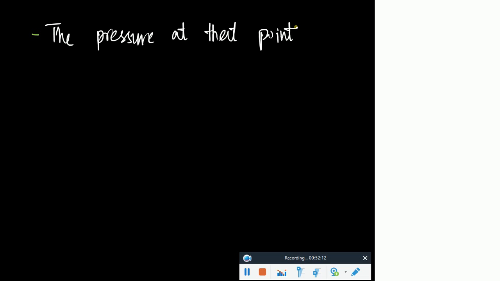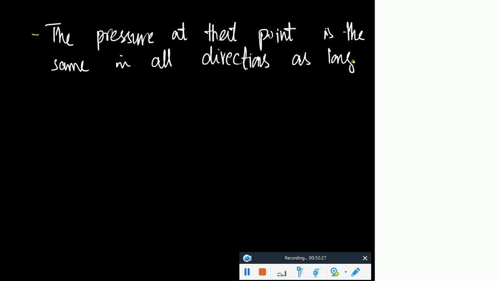Pressure at that point, which we were talking about as A bar area, is the same in all directions as long as the fluid is at rest.